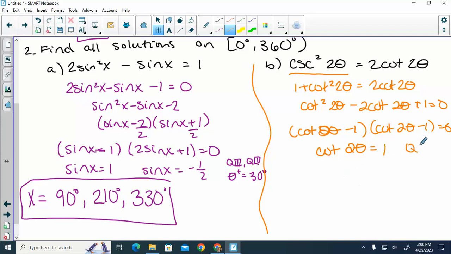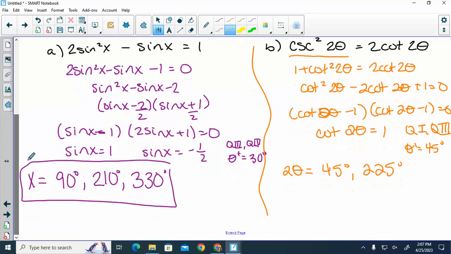So quadrants, when is cotangent positive? 1, 3. Reference angle, when is cotangent 1? 45 degrees. So 2 theta equals, in quadrant 1, that would be 45. Quadrant 3, 180 plus 45.